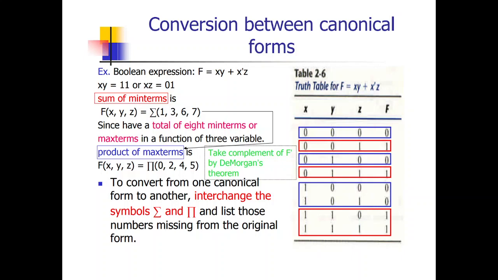One canonical form conversion is from sum of min terms to product of max terms. So it is given with a Boolean function. An example is considered. The Boolean function is f equal to xy plus x'z. In the previous slide we discussed the example that was directly given with the truth table. Here it is given with a Boolean function or Boolean expression.